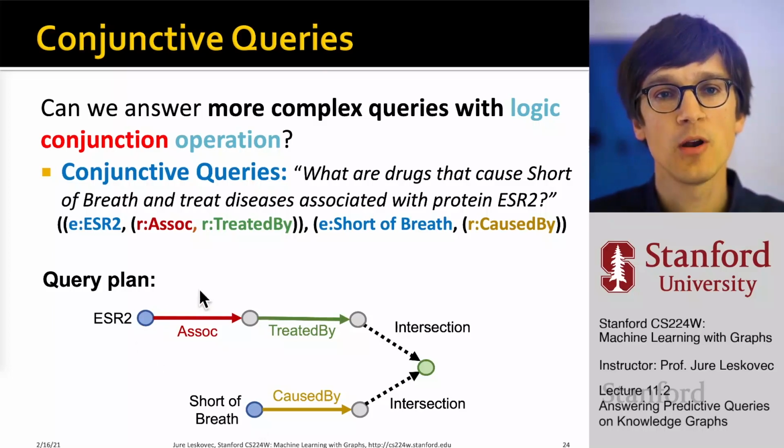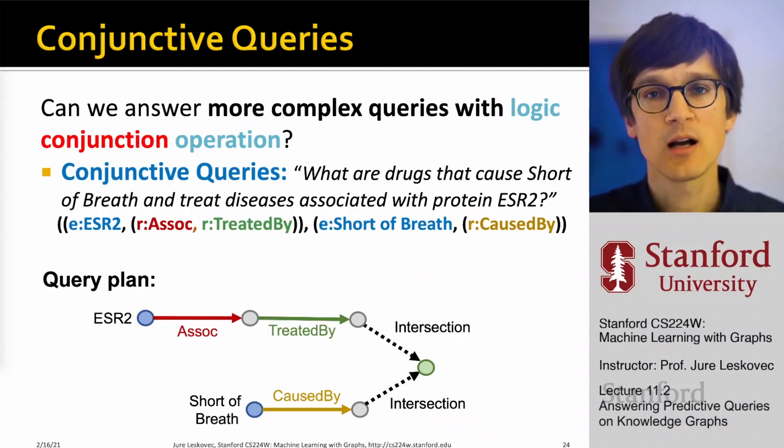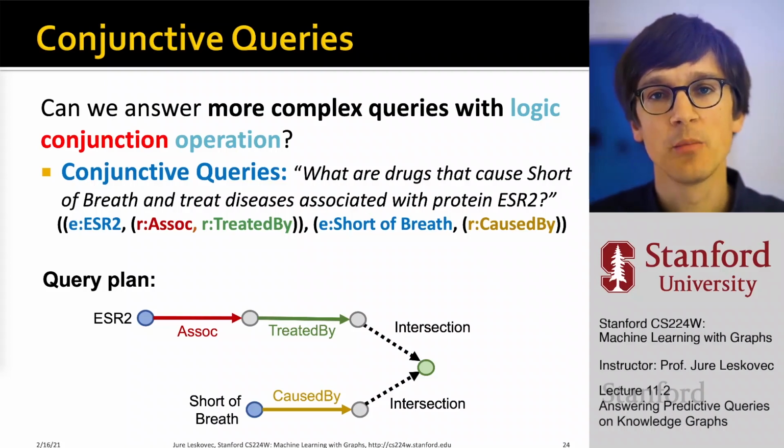From ESR2, I want to go across associated with, and then treated by. From shortness of breath, I want to go across caused by. Whatever are the drugs that do both, I need to take the intersection, and those are the entities predicted to be the answer to my query. So these are drugs that cause shortness of breath and treat diseases associated with my protein of interest, ESR2.